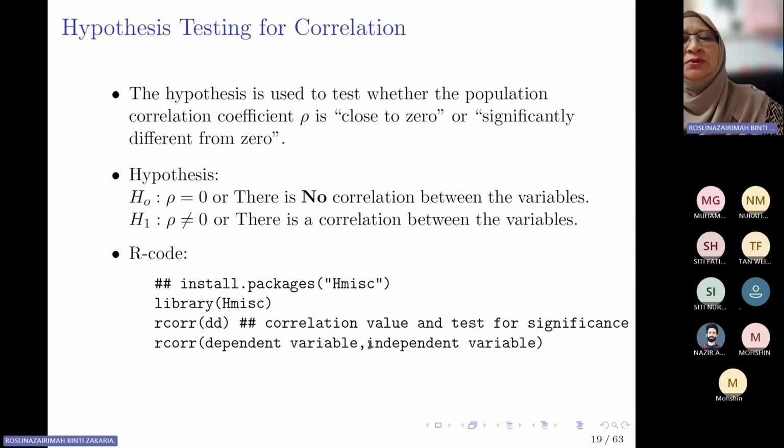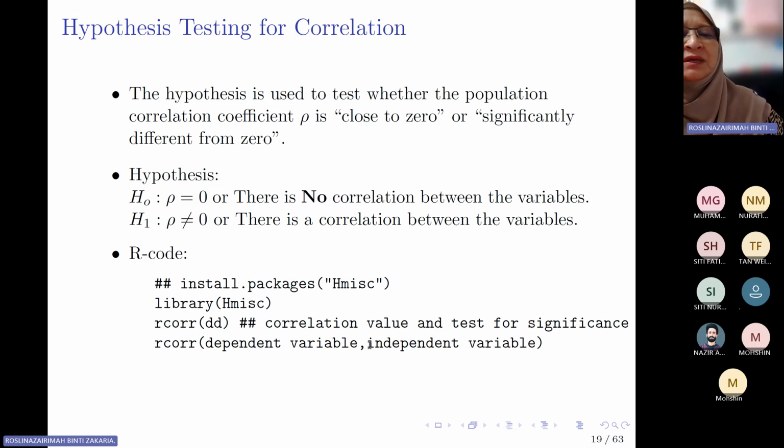Okay, and then we also have hypothesis testing for correlation. We cannot simply say that; sometimes when the correlation is weak, it is not significant, and sometimes the correlation is weak but it is significant. So we need to justify using hypothesis testing.